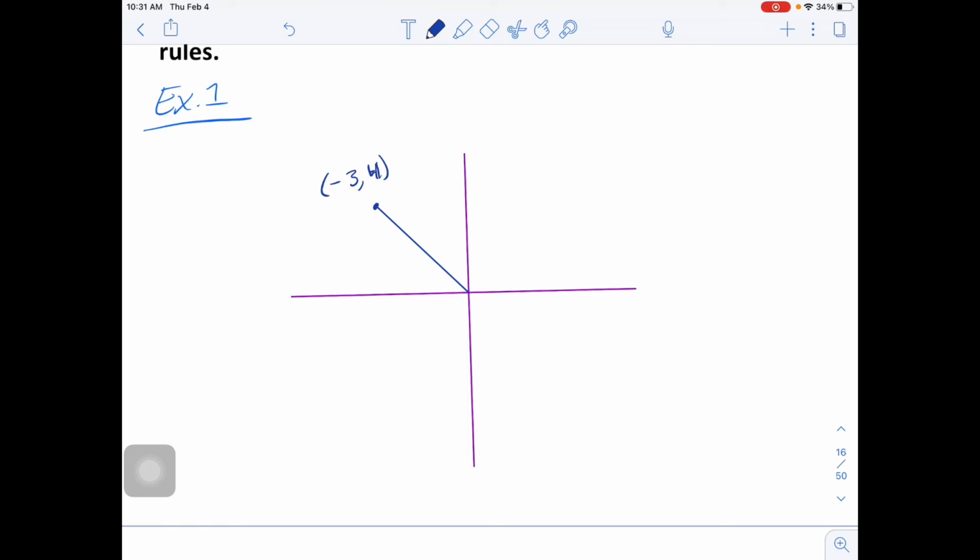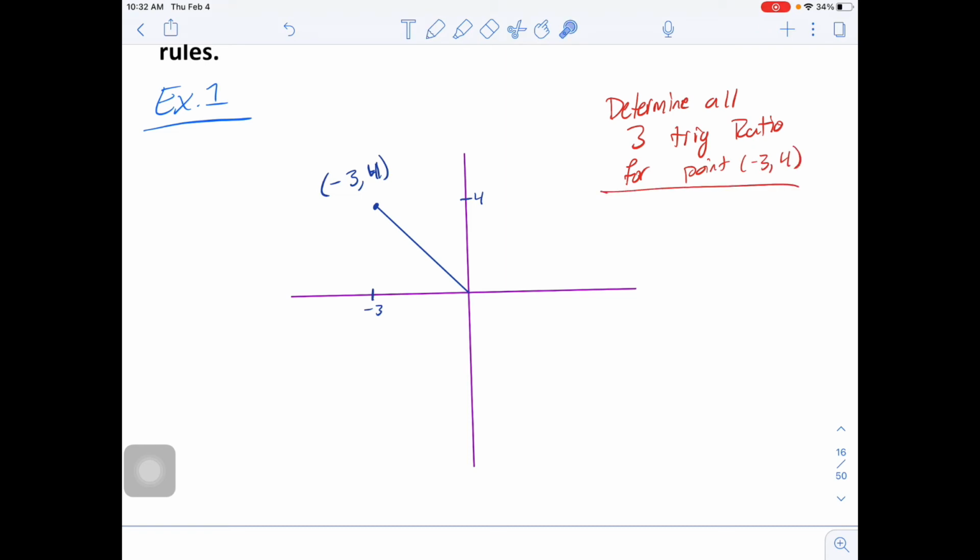Okay, so again, we would have 4 here and -3 here. Let's say we want to determine all 3 trig ratios for point -3 and 4. So this is going to be a type of new question to you.